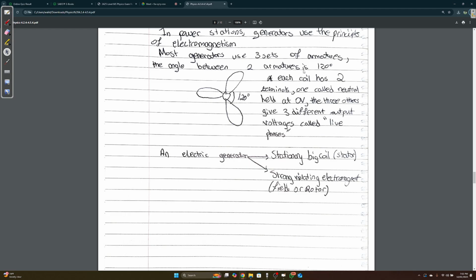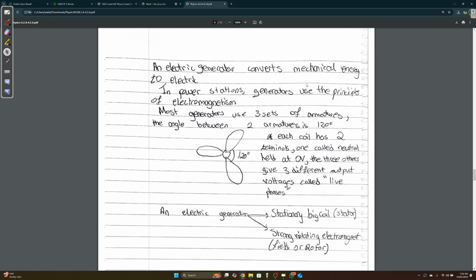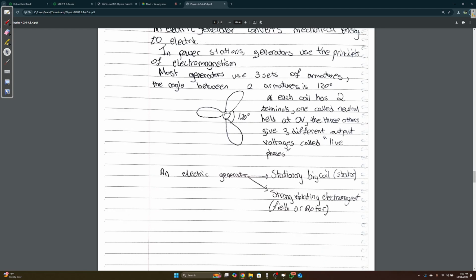You can memorize if you want, but just know if it comes. Electrical generators use the principle of electromagnetism, because that's the blue text in the book. Note that the angle between each armature is 120 degrees, and just know each coil has 2 terminals, one called the neutral, which is 0 volts. The others give 3 different outputs called live phases, just know this.